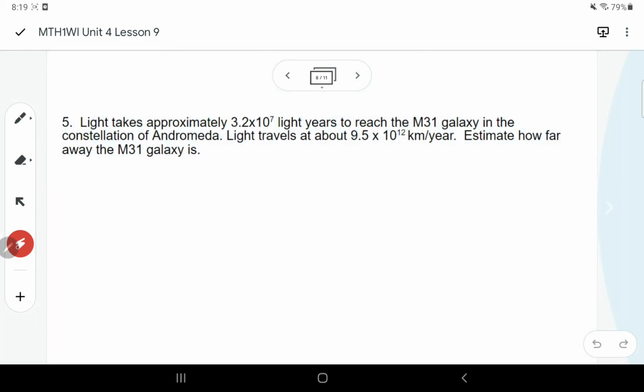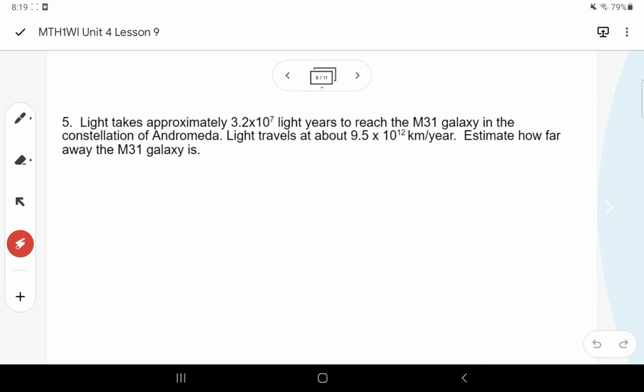So here's a word problem, and this one kind of illustrates how we can use scientific notation, sort of similarly to what we did with our exponent rules earlier in the unit, to solve problems involving really, really gigantic numbers that would be too big to use our calculators for.